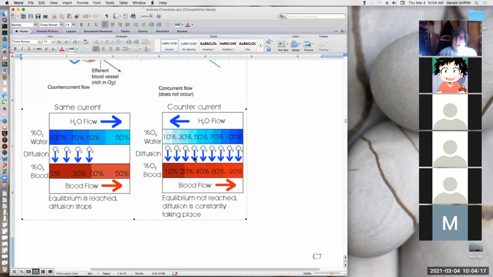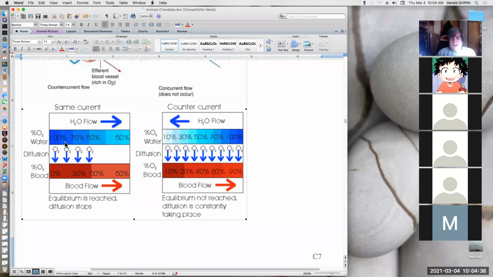Concurrent exchange is shown on the left in the chart here. So we have water flowing over the gills of a fish. We have blood flowing through the blood vessels in the gills. So notice that the water starts out with 100% of the oxygen that it can hold. The blood starts out at 0.